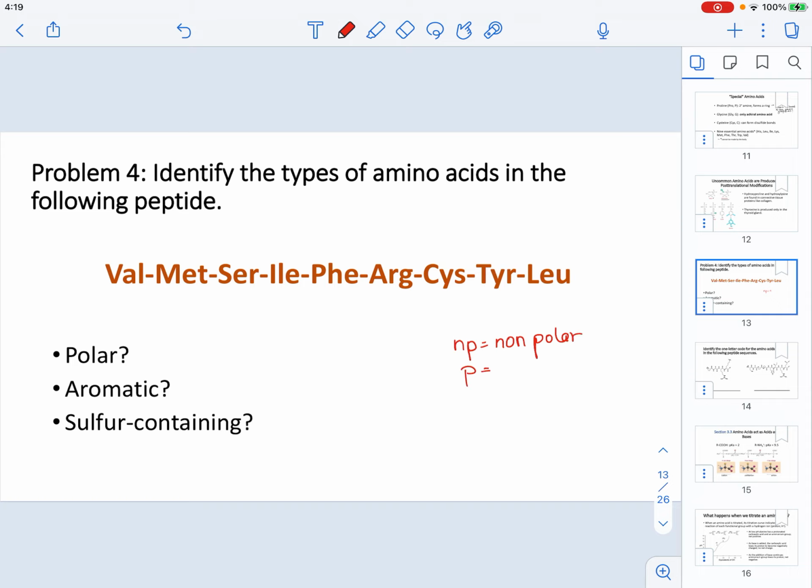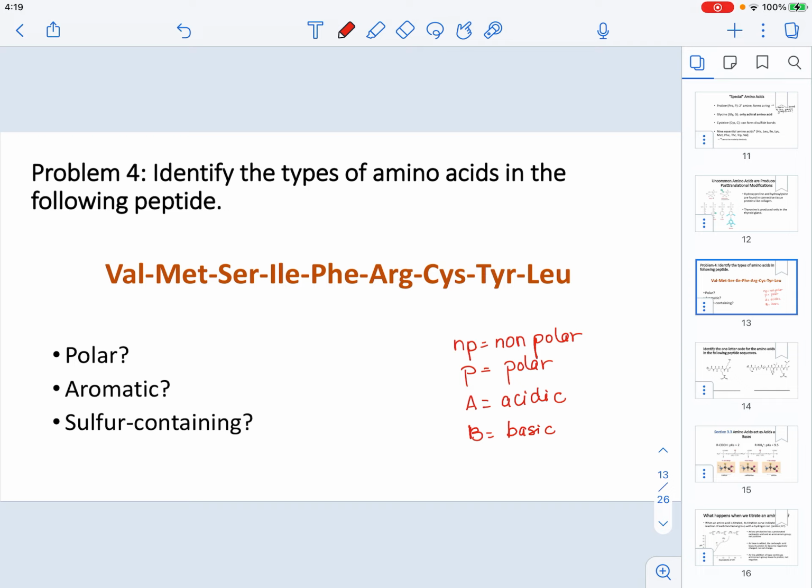I'm going to use P for polar. I'm going to use A for acidic. And I'm going to use B for basic because it will make it easier. Now, I'm just going to generally classify the amino acids that we have in the following peptide.